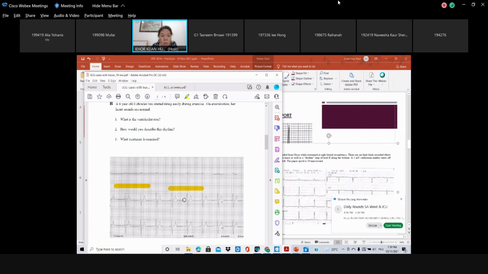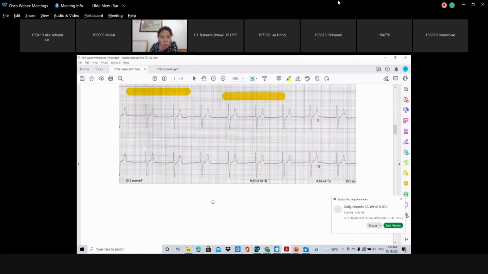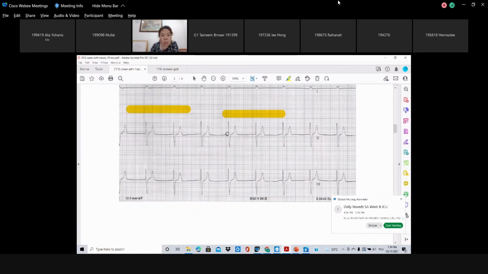There's no P, I guess there's always a Q. Q, R, S, T. Maybe I make it bigger. This is the Q, then your R, a very deep S, then this is T. Your T is even higher than your R wave. You got a very tall T, as we've mentioned just now.